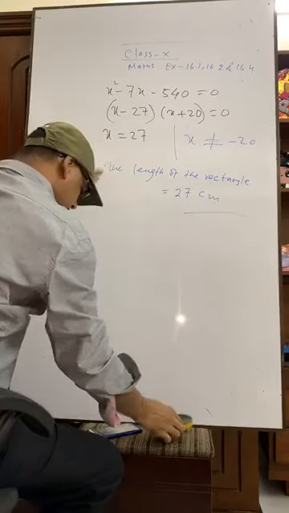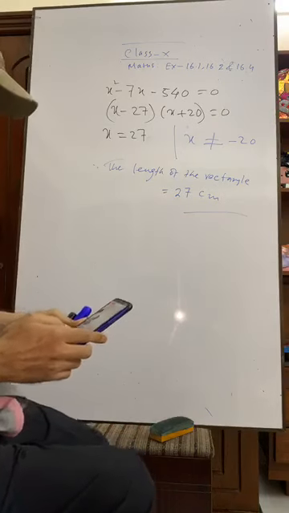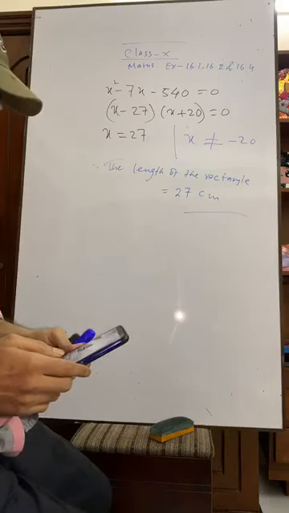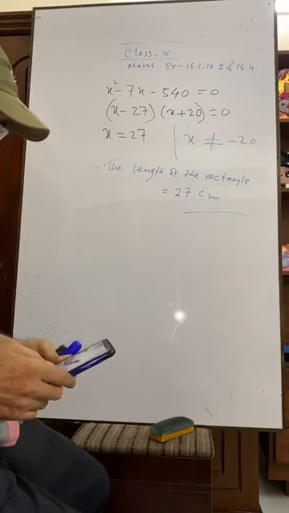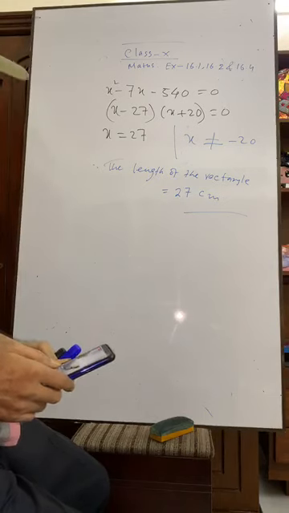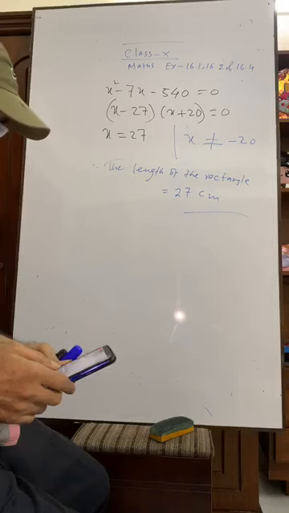Any question from your side? Someone has written x equals 27, y equals 13. I am not getting you. Y equals 20.